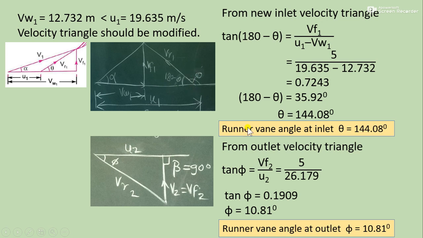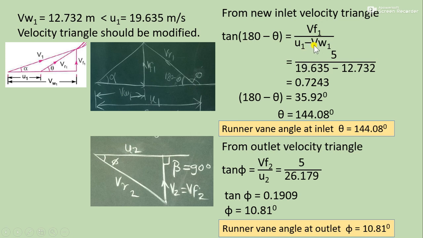Our aim is to find the inlet runner vane angle theta. So let us take the tan ratio. If this is theta, then this will be 180 minus theta. So tan of 180 minus theta is equal to Vf1, the front side, divided by this distance, which is u1 minus Vw1.